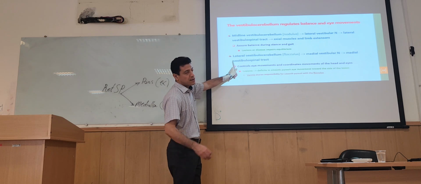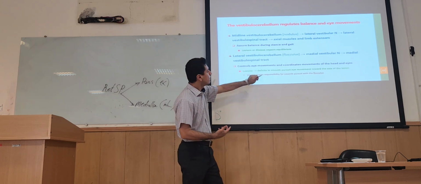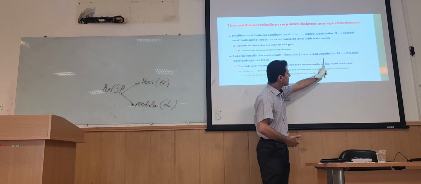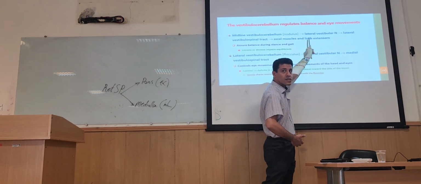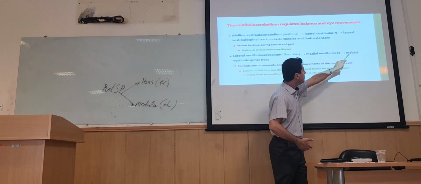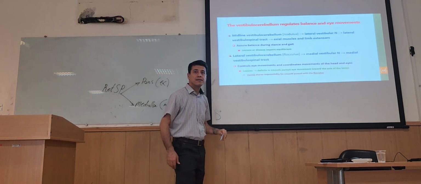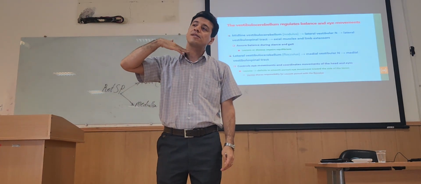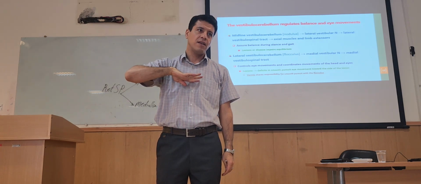Okay. Lateral vestibular cerebellum, flocculus. Fibers go to medial vestibular nucleus. That one was lateral. Okay? Medial vestibulospinal tract. So you know that it goes down to cervical and mid-thoracic level.